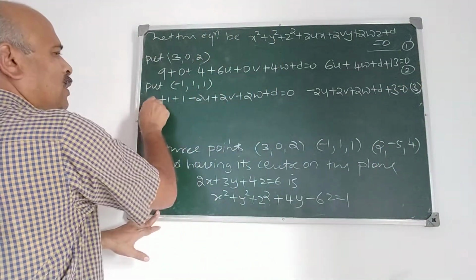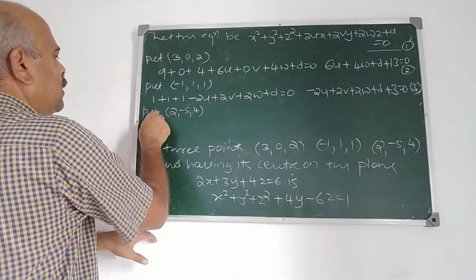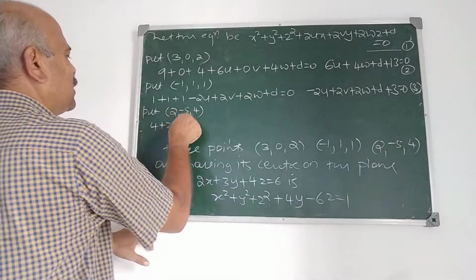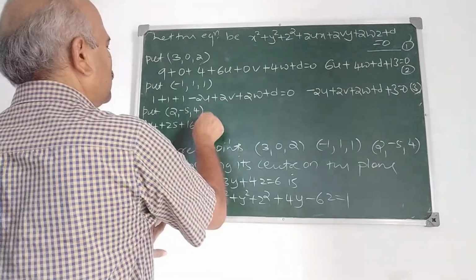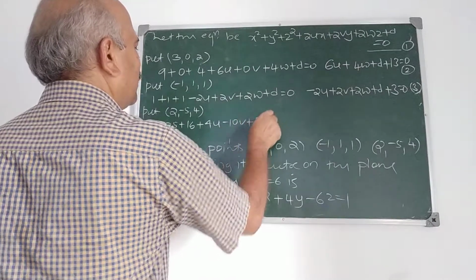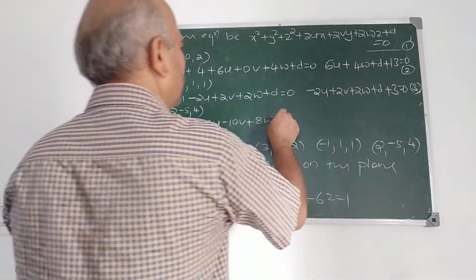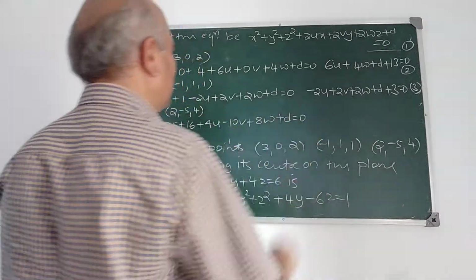Similarly, substitute 2, minus 5, 4. We get 4 plus 25 plus 16 plus 4u minus 10v plus 8w plus d is equal to 0.